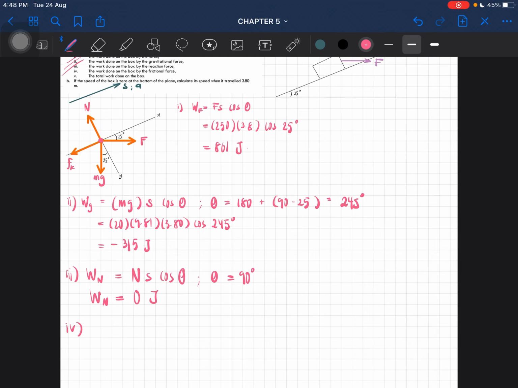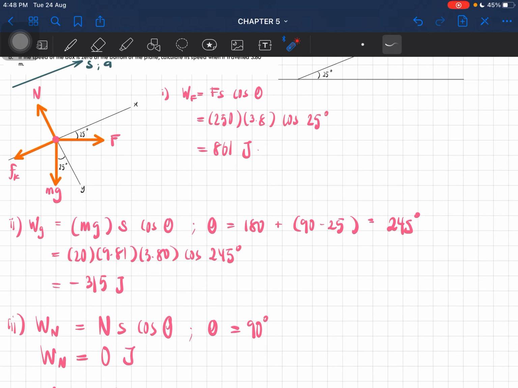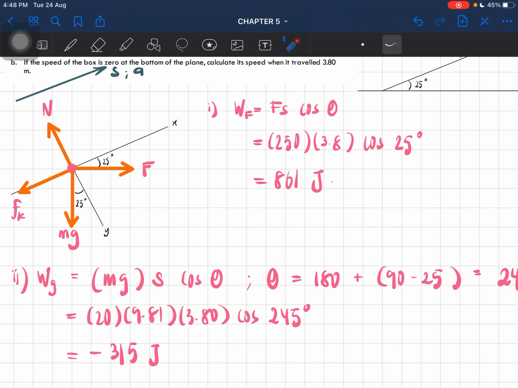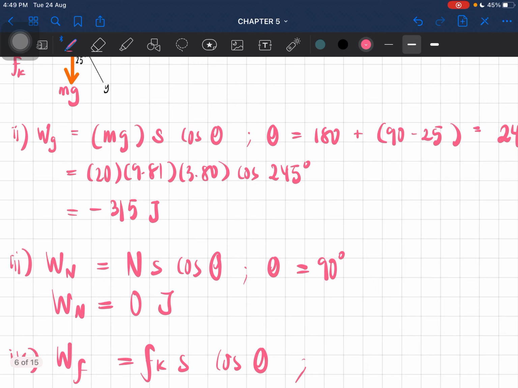There are a lot of questions. Question 4, the work done on the box by the frictional force. So frictional force Fk s cos theta. Now the angle between the displacement, which is this displacement, and this frictional force, starting from S going to the arrow of the force, is 180 degrees.